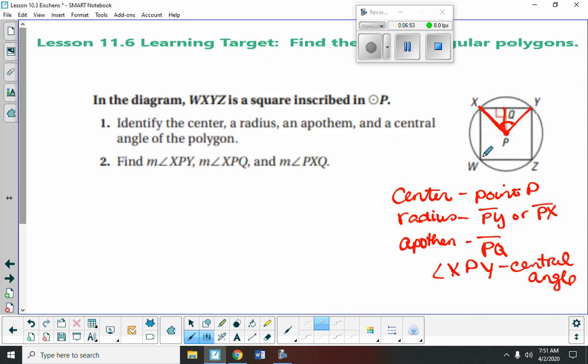There are 4 sides, so you would have 4 central angles, 1, 2, 3, 4. Each of those would be 360 divided by 4, which is 90. And then each half would be 45.